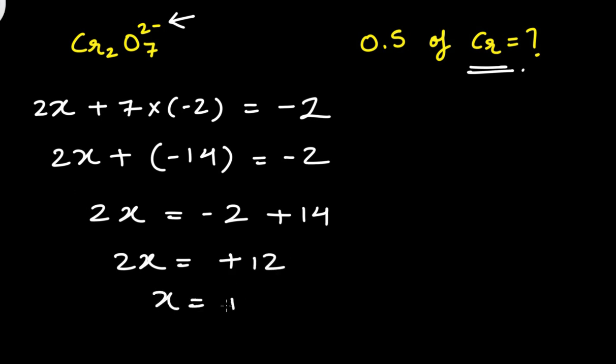X is equal to +12 by 2, which is +6. So chromium has an oxidation state of +6 in Cr2O7 2 negative, right?